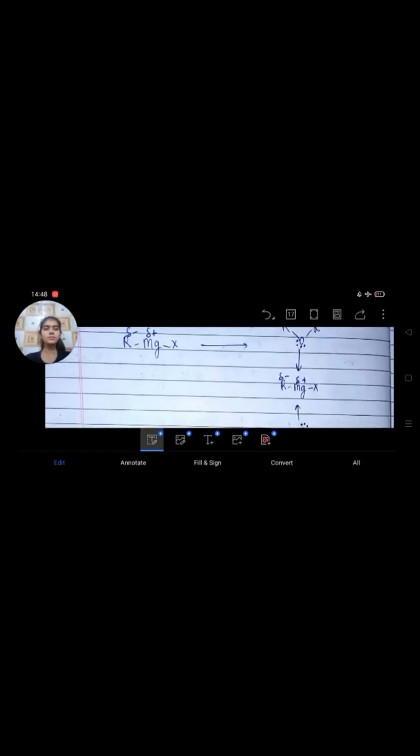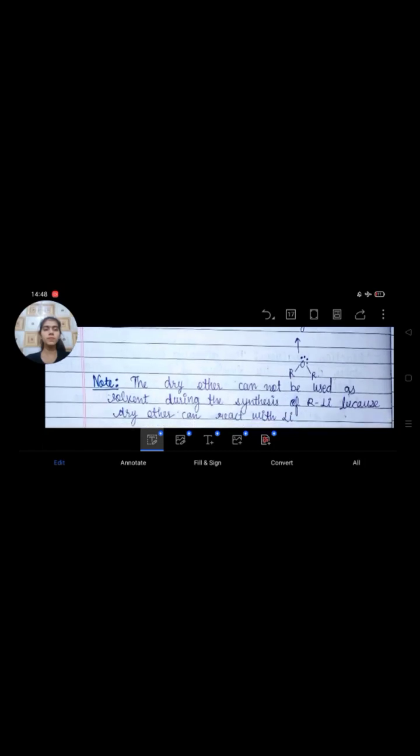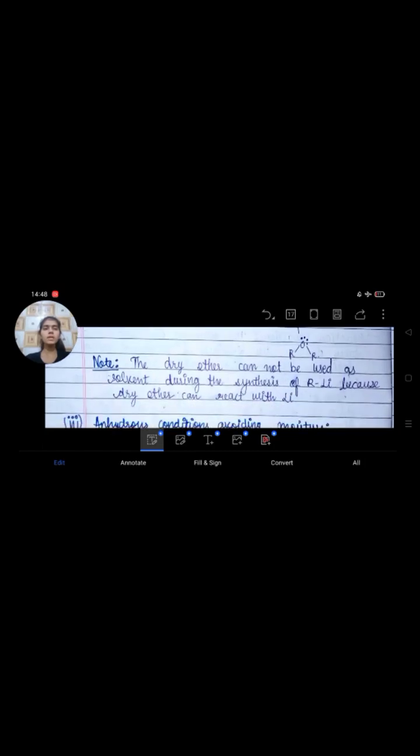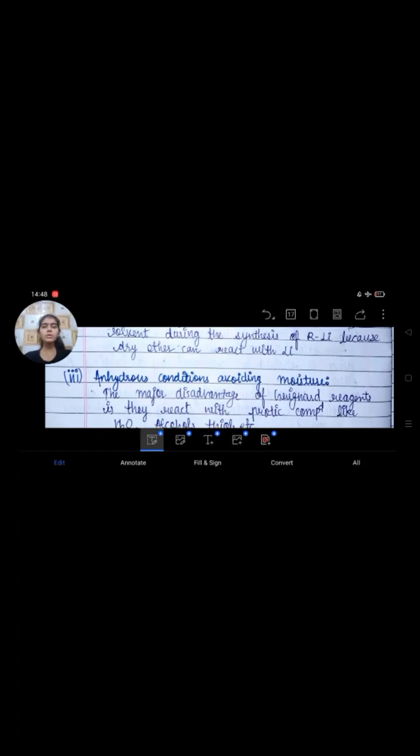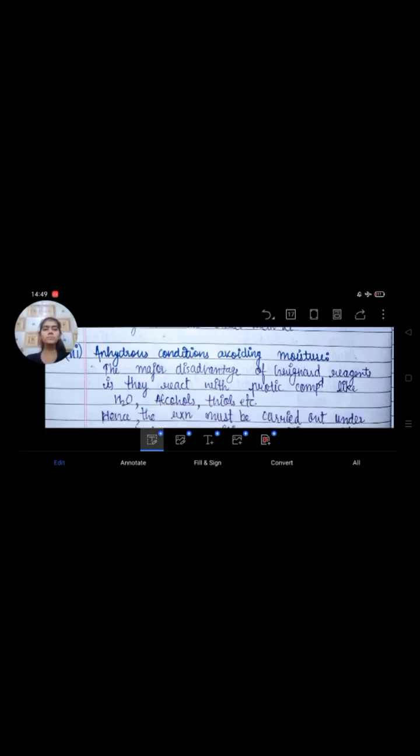Here we can see the reaction for forming the Lewis acid-base complexes from the Grignard reagent. The dry ether cannot be used as solvent during the synthesis of alkyl lithium because dry ether can react with lithium metal.